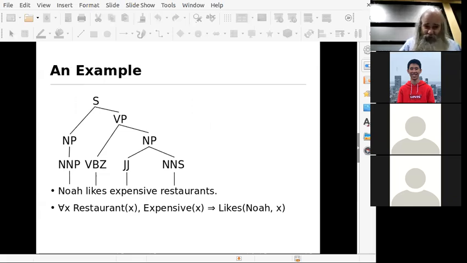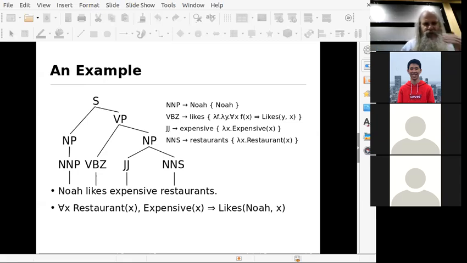Here's the parse tree above it, and we would like to get out of this the first order predicate statement: for all X, restaurant X and expensive X implies Noah likes X, okay? And that's a perfectly reasonable meaning out of that sentence, Noah likes expensive restaurants. So how would we go about doing that?